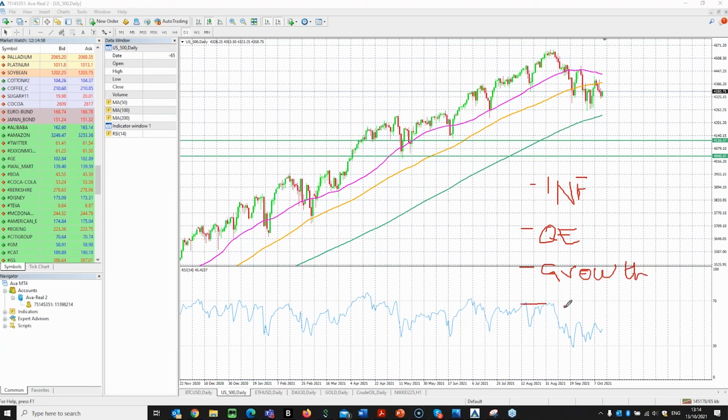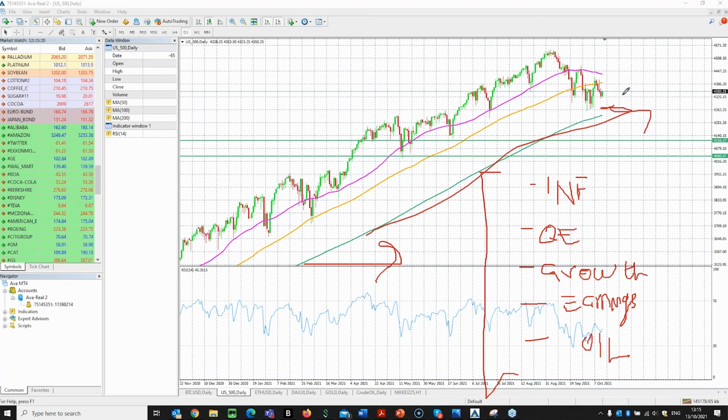Number four, we have earnings, as we mentioned earlier. And number five, we have oil prices, which are very much surging right now. So these are the factors in the market which are going to influence the price of the S&P 500 index, whether it will go up or whether it is going to go down.